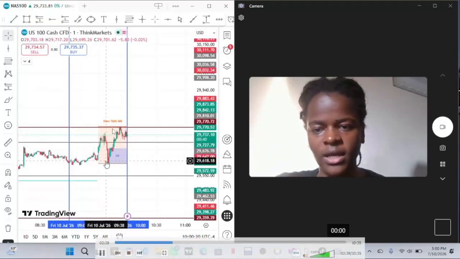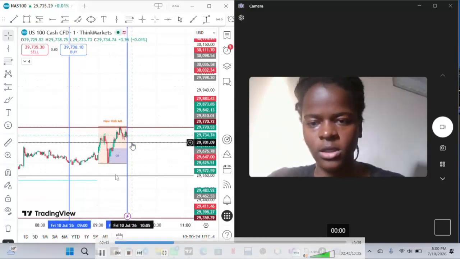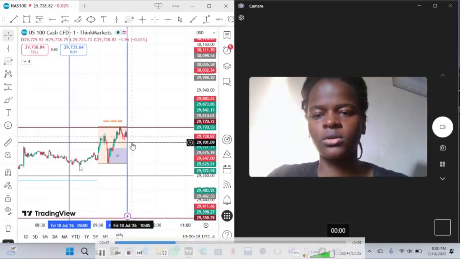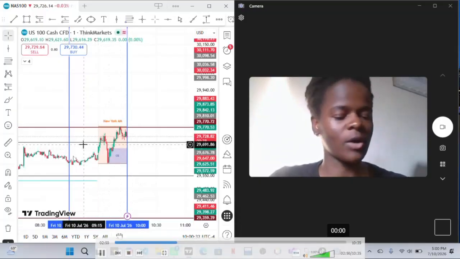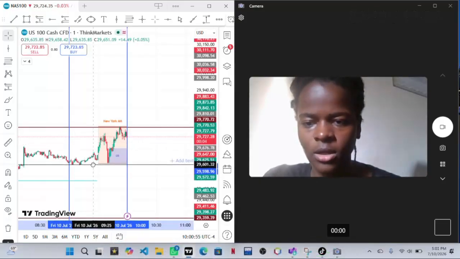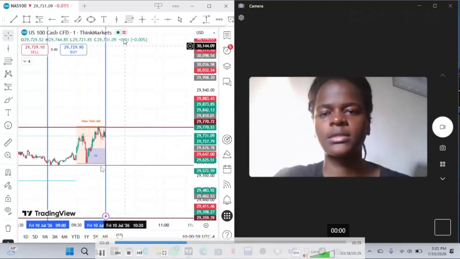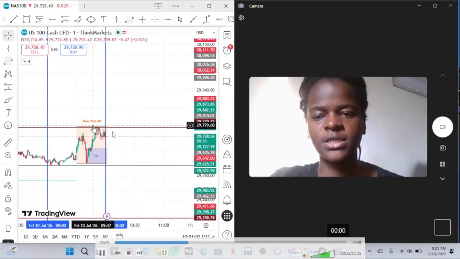So what I was expecting is for the price to either close above this zone or close below this zone. No, close below this area, because this is the lowest part of the 9 a.m. candle. So I was fixing the line to the lowest part of the 9 a.m. candle.